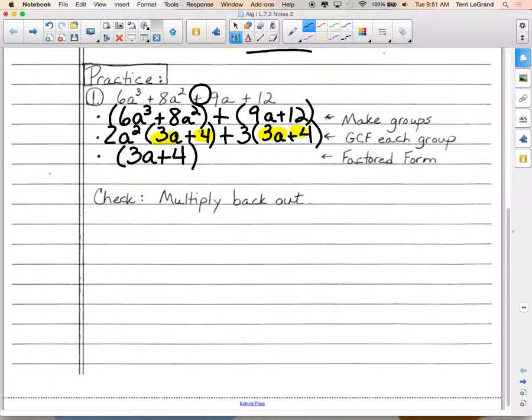This is where students have the hardest time recognizing what you should do here. This plus sign does not come down between the factors, okay? This plus sign is going to be in this next factor. So we have the 2a squared left, plus that 3. There's its factored name.